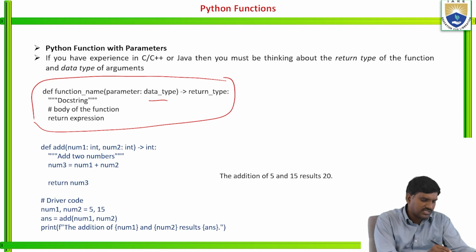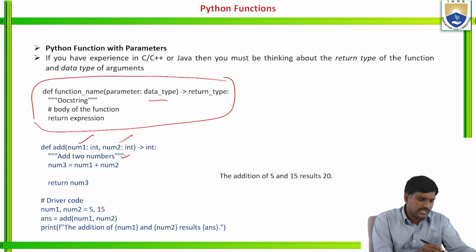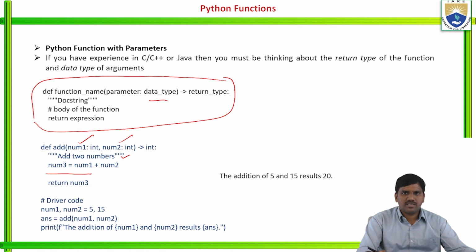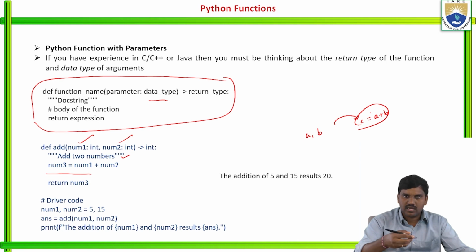So here, definition add, number1 is an integer, number2 is an integer, and it returns an integer value. The docstring says add two numbers, which describes the body of the function. Number3 is equal to number1 plus number2. For example, with values A and B, C is the result.